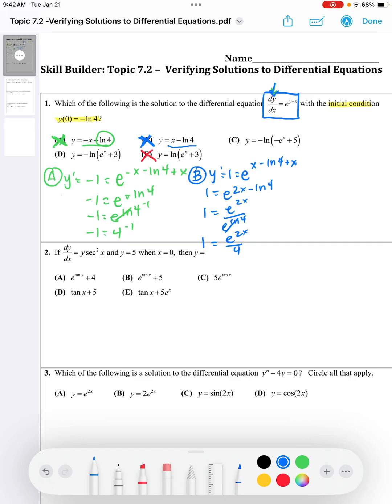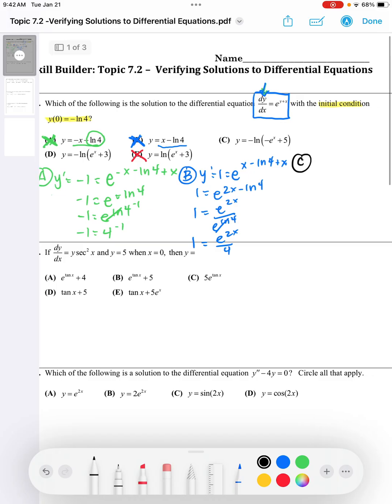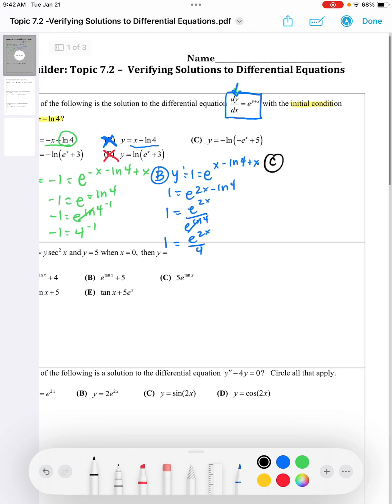Okay, let's try C. When we go to C, we want the derivative of C. The derivative of natural log is u prime over u. So the negative stays on the outside.